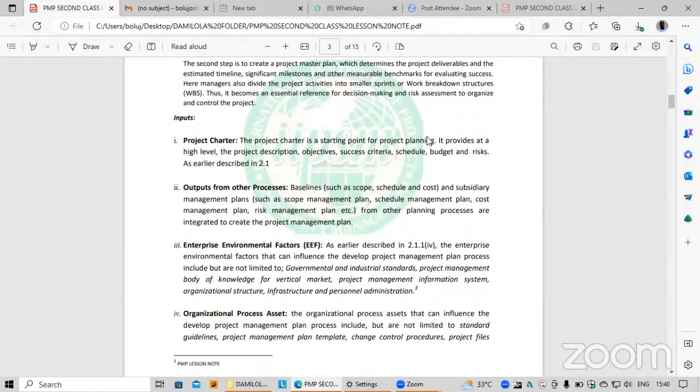Enterprise environmental factors. And I said enterprise environmental factors are activities that affect business, especially natural activities that affect business. A project manager must be able to work with his team in order to forecast certain enterprise environmental factors that can affect the success of that project and begin to make plans for it.